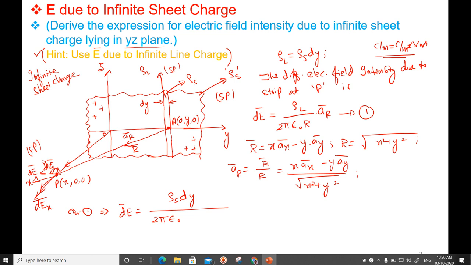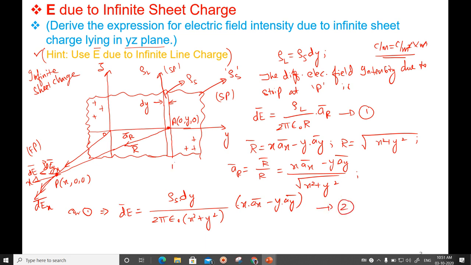So root into root, I will write directly x squared plus y squared. And what I am left with is x aX minus y aY. I hope you got this. How? This is divided by root of x squared plus y squared into root of x squared plus y squared. It will be half plus half, it is 1. Call this equation 2.